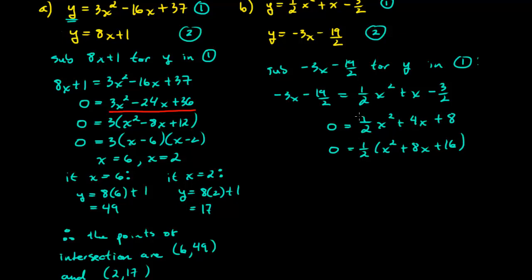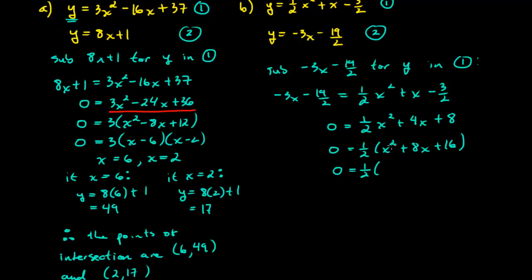The other way to do this would just be to multiply both sides of the equation by 2, and you would have gotten 0 is equal to x squared plus 8x plus 16. Either method is an appropriate way to make the algebra a little bit simpler.